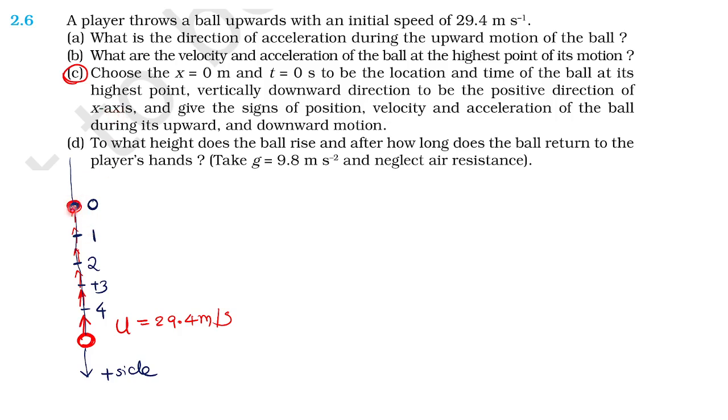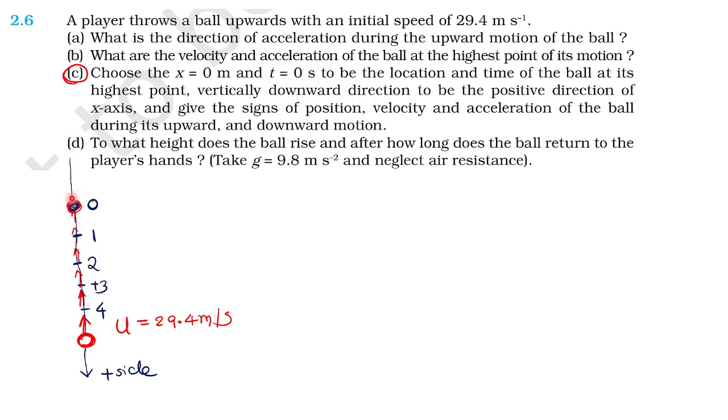This is 0. We have to mark this point as the origin, and this downward direction as the positive direction of x-axis. It means that I have to mark plus 1, plus 2, plus 3, plus 4, etc. downward. The positions are to be marked like this.